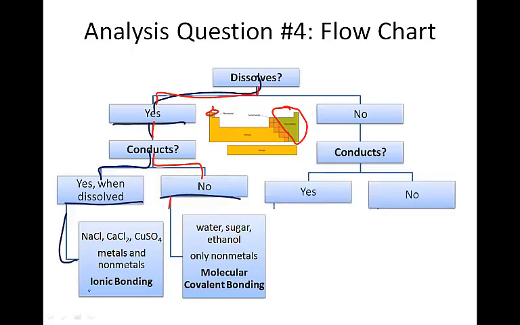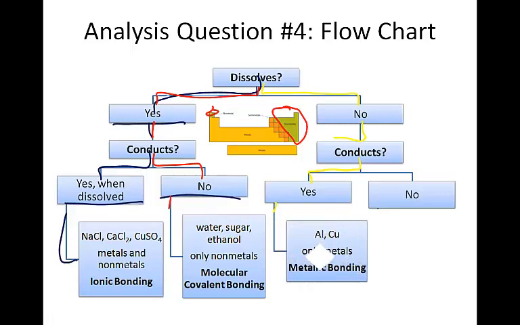Now let's follow this other path, those that did not dissolve. So if they did not dissolve, but they did conduct electricity, what category would that put them in? Well, that would be like aluminum and copper, which are only metals. They're found over here in the yellow part of the periodic table. So that's metallic bonding.